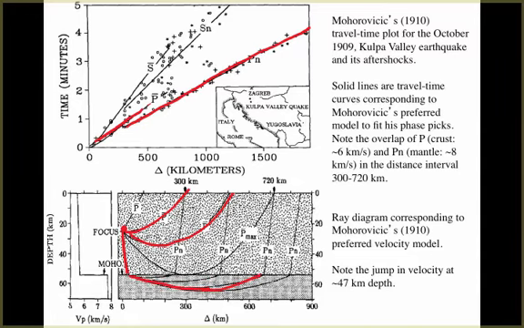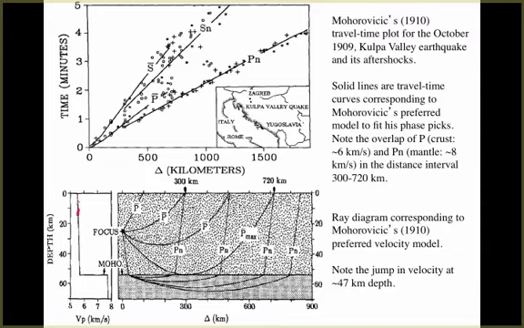And what he noticed was that there's an overlap between about 300 and 720 kilometers, so this area here, where there were two waves. He identified the P wave that was traveling at about 6 kilometers per second, and the PN wave that was 8 kilometers per second, and realized that this corresponded to a change in the velocities.